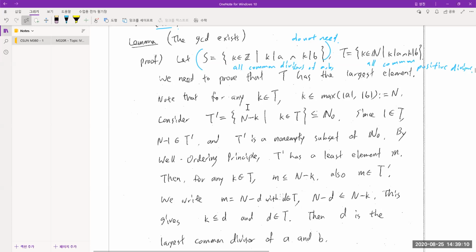So N minus 1 is in T prime. So T prime is a non-empty subset of the set of non-negative integers. Okay. This is a setup for the well-ordering principle. So we have that T prime is non-empty and a subset of N0. So it has a least element, small m.